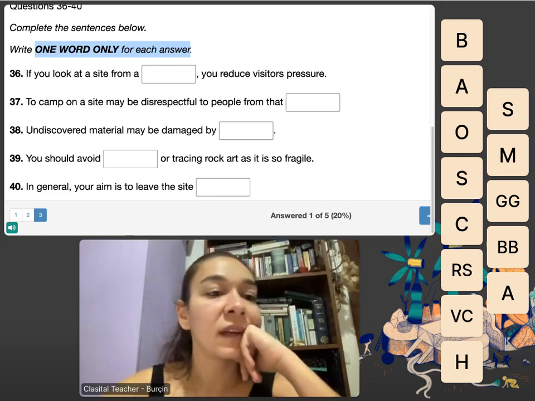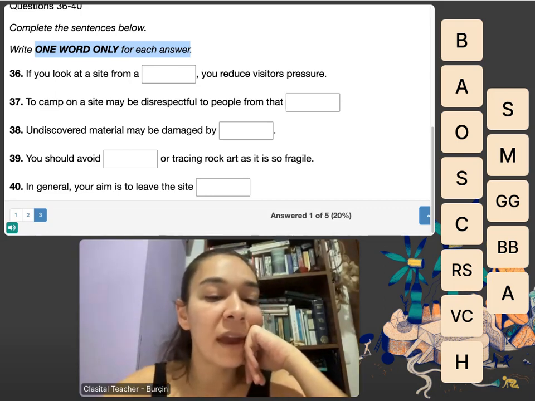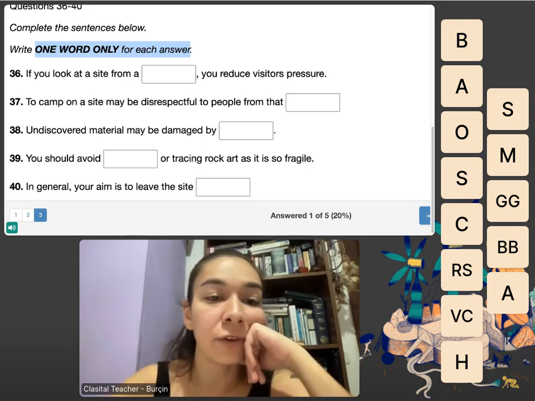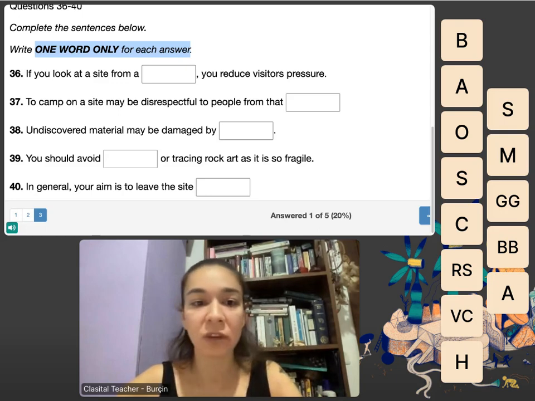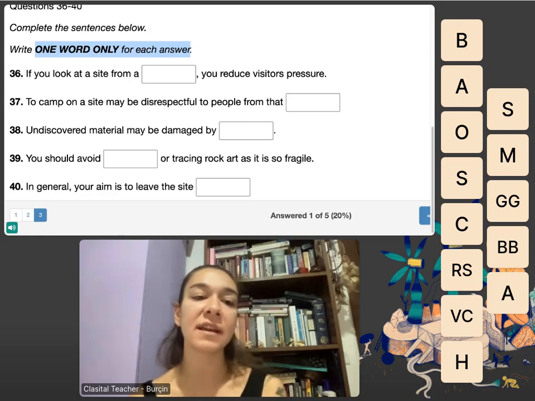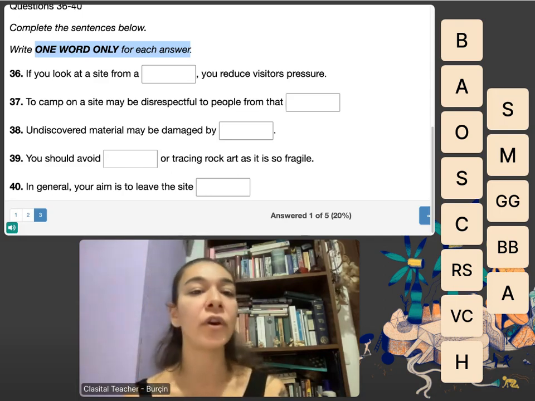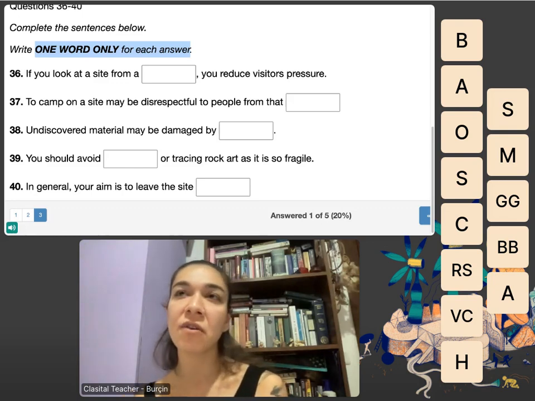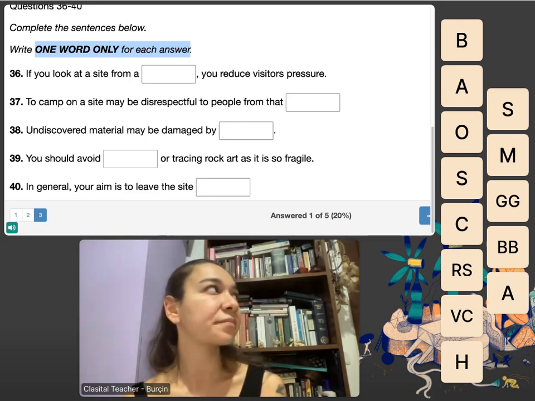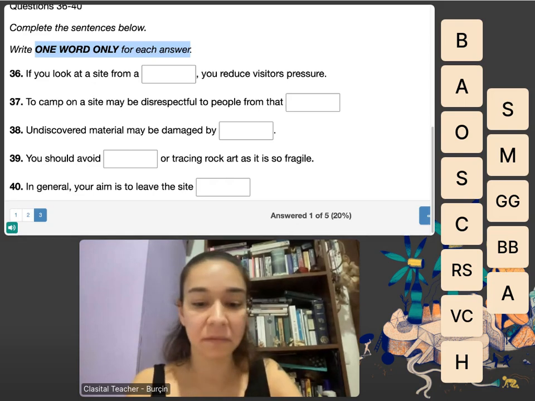And let's see. It says, if you look at a site from a hill, you reduce visitor pressure. So it will maybe be a noun. If you look at a site from a hill, from a window, from a car, I expected it to be a noun. You reduce visitors' pressure. Okay. To camp on a site may be disrespectful to people from that region, from that culture or something.